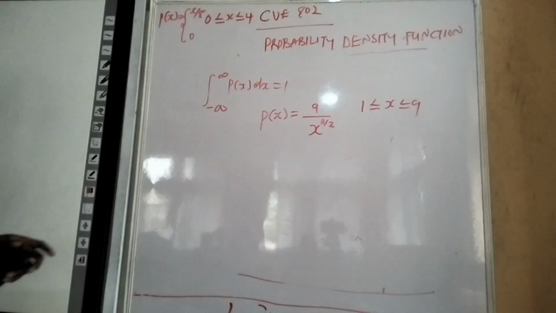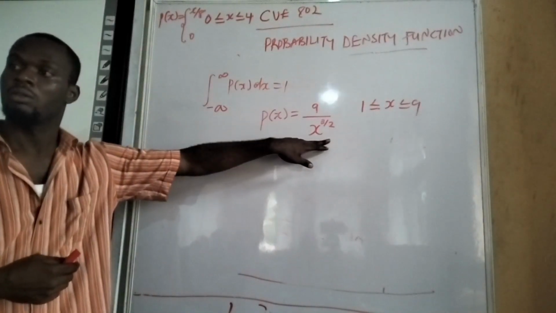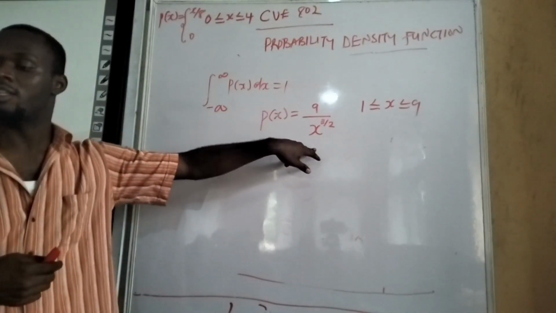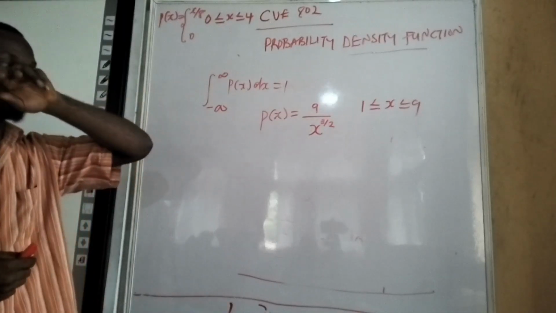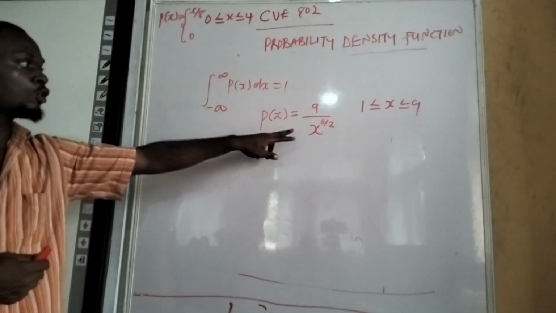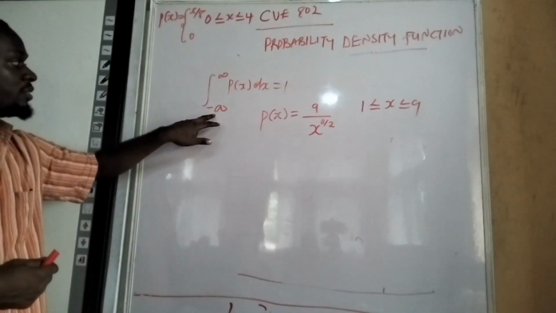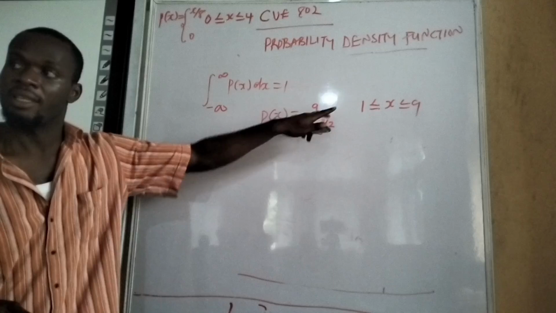So now go back to status quo. If we integrate this function, a over s raised to power 3 over 2. The question says that this function is continuous. It means that if you integrate it from negative infinity to positive infinity, we will get 1. Our aim is to find a.